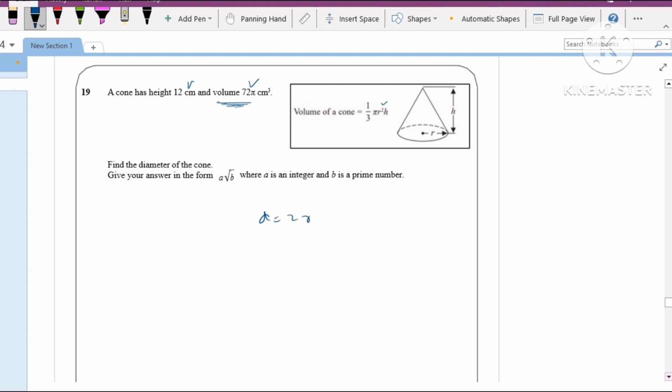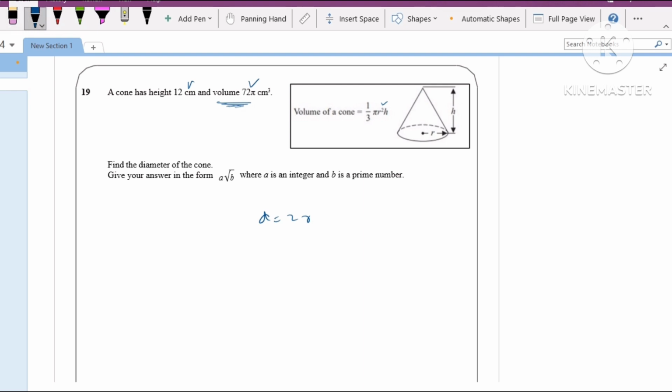Volume is equal to 72 pi is equal to 1 over 3 pi r square h. Height is given. We have to find the radius and double it to make the diameter.